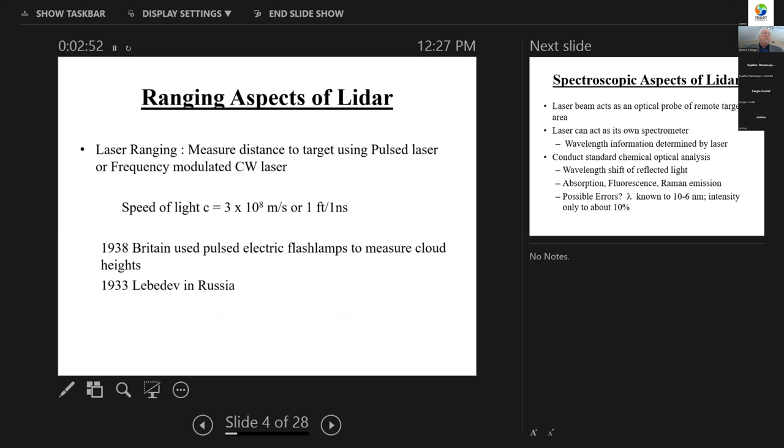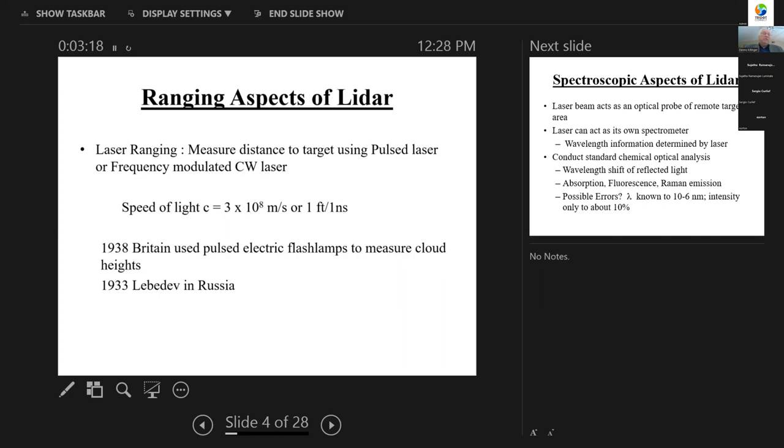The ranging aspects of Lidar are easy to understand. If you send out the pulse of light, it will travel with the speed of light, which is about 1 foot in 1 nanosecond. And so when the back scattered light comes, when you sense that with a telescope and a detector, you're able to measure what that distance is out to the target. And so this is a pulse laser.